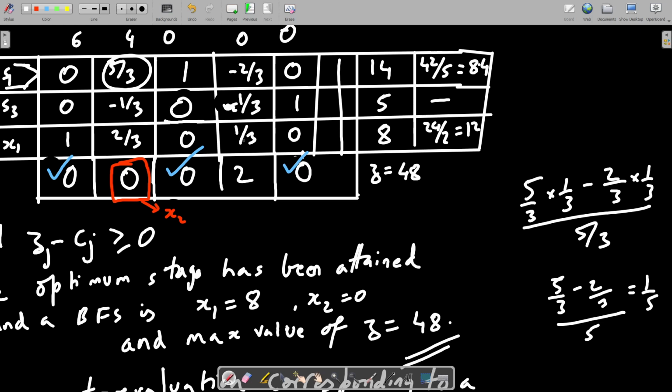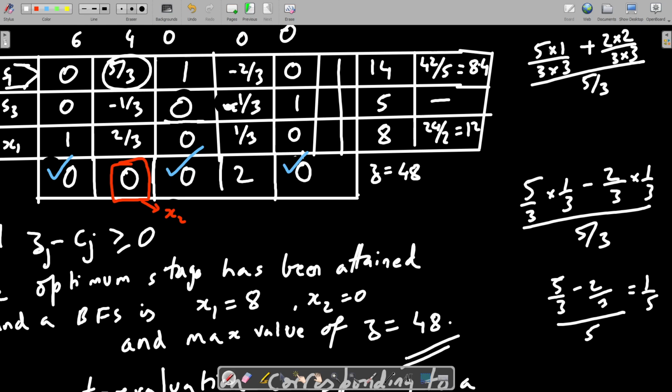Okay, next I have to calculate this entry here. So this will become 5 by 3 minus 2 by 3 into minus 2 by 3. So this time it will become plus 2 cross 2 upon 5 by 3.